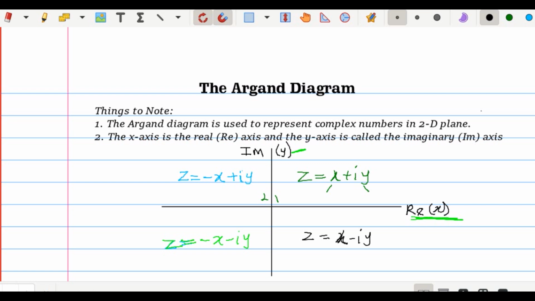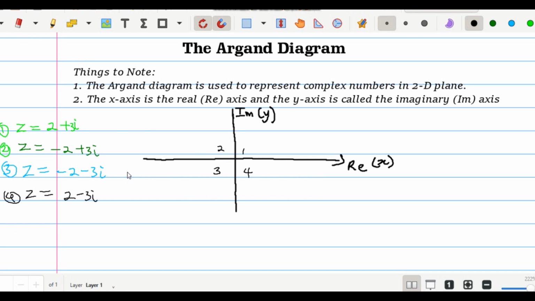I'm going to be writing out some complex numbers and we are going to be plotting them on the Argand diagram to know where they belong. If we are to represent these complex numbers on the Argand diagram, the first one, at the top right-hand side, is z equal to 2 plus 3i.